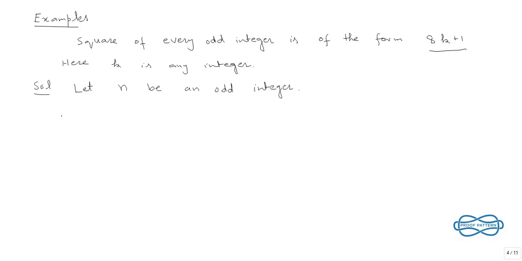Okay, since n is an odd integer, then n can be written as 2m plus 1, because n is an odd integer, so it is not divisible by 2, so the remainder will be 1 whenever we divide it by 2. So n is equal to 2m plus 1, where m is any integer. Now n square will be 2m plus 1 whole square, and that will be 4m square plus 4m plus 1.